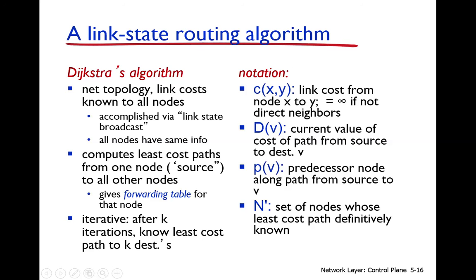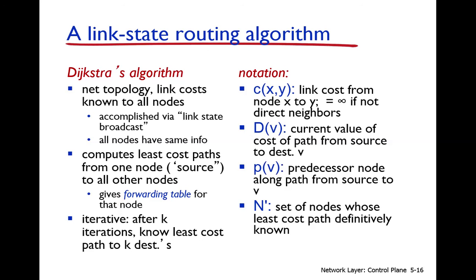It means that all the nodes have the whole link state information of each and every node. So each node has the same information, the topology and the link cost of all the nodes. Then each node computes the least cost path from one node to another by using the Dijkstra algorithm. When the path is computed, the forwarding table is built up.